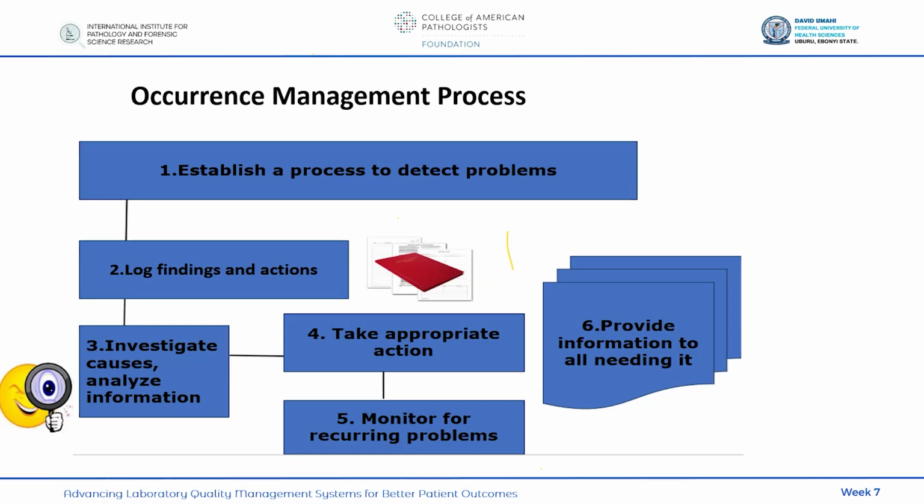So all those should come in handy, okay, and be evaluated depending on what you actually want to detect. You won't allow all of them to come. So the occurrence management process is not allowed to keep hanging maybe until the end of the year. It should be done almost monthly, or as soon as you are having an event.